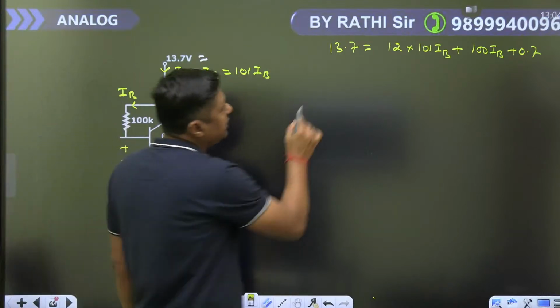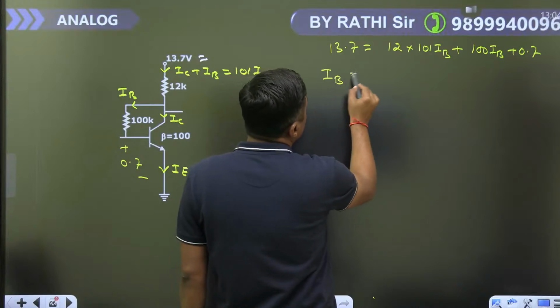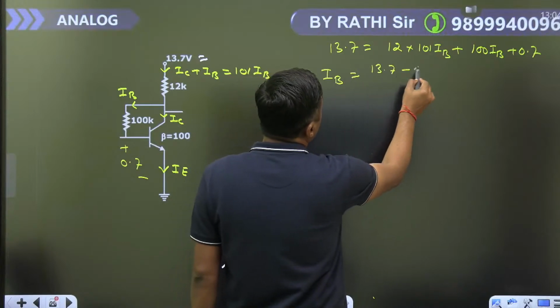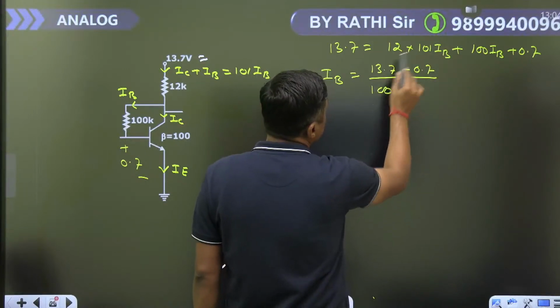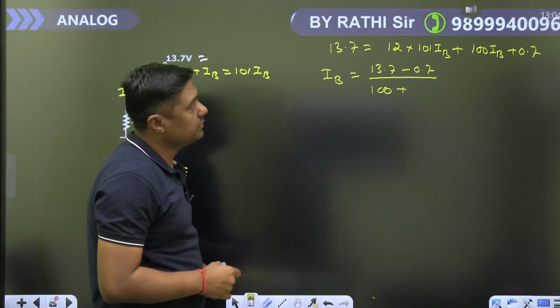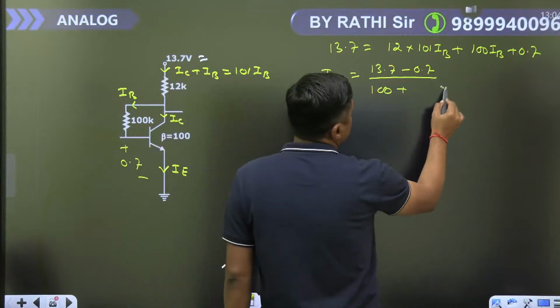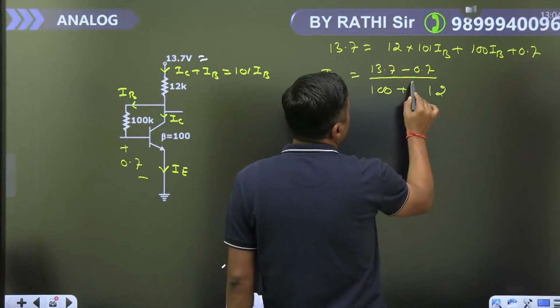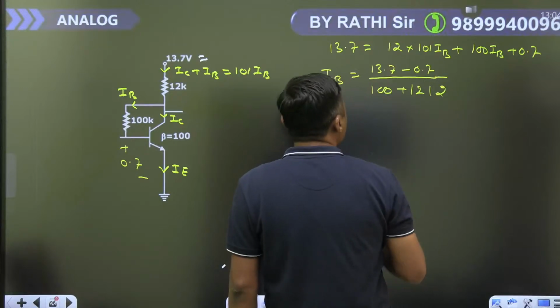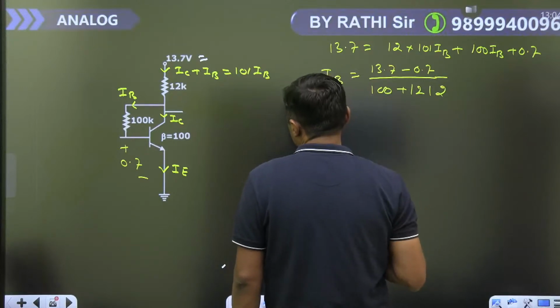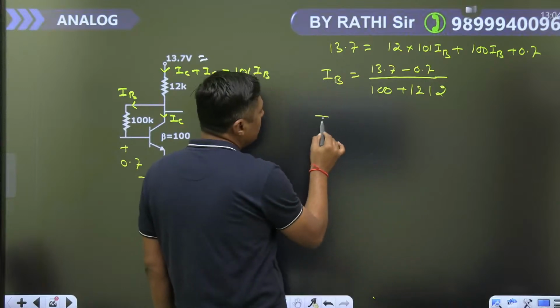So you can find the IB: 13.7 minus 0.7 upon 100 plus this is multiplied, right, that will become, and then you can find the value of IB. From IB you can find the value of IE.